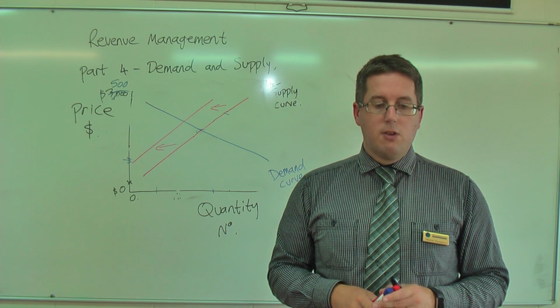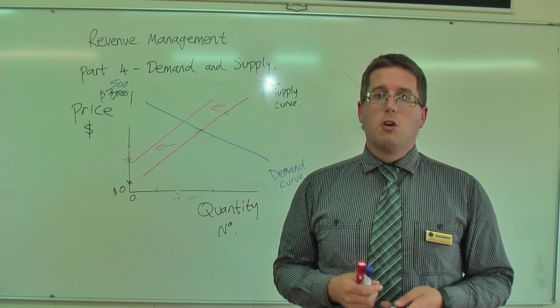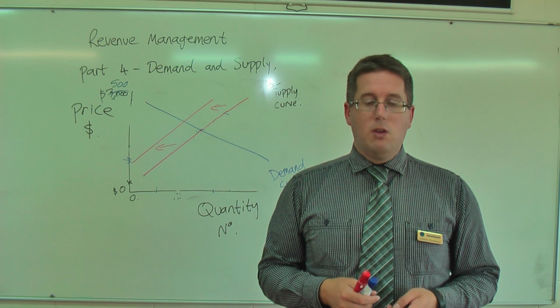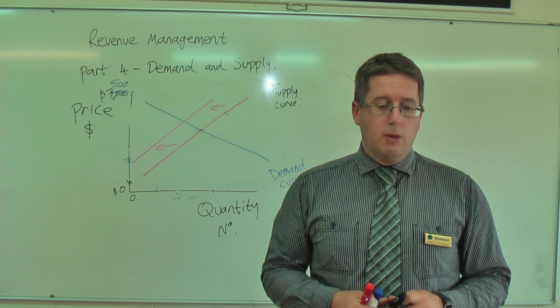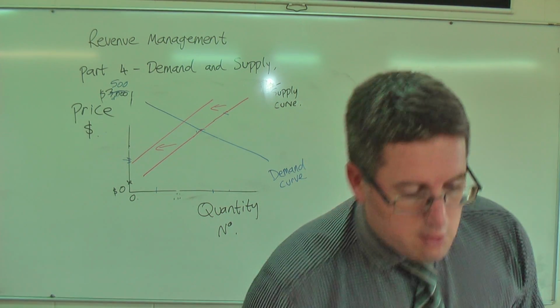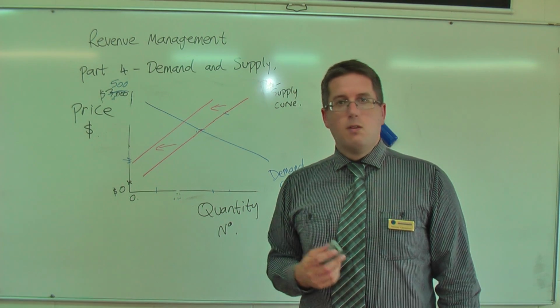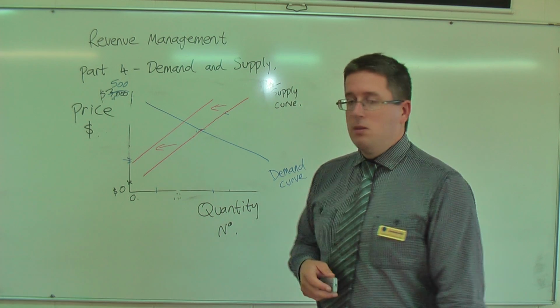So external events can change the curve, just like that. And so you've got to be on top of those factors when you're thinking about hotel and changing pricing accordingly. So there's some questions there, some analysing questions that you can go through. We will cover a bit more when we come back to pricing in part 7. But yeah, demand and supply.